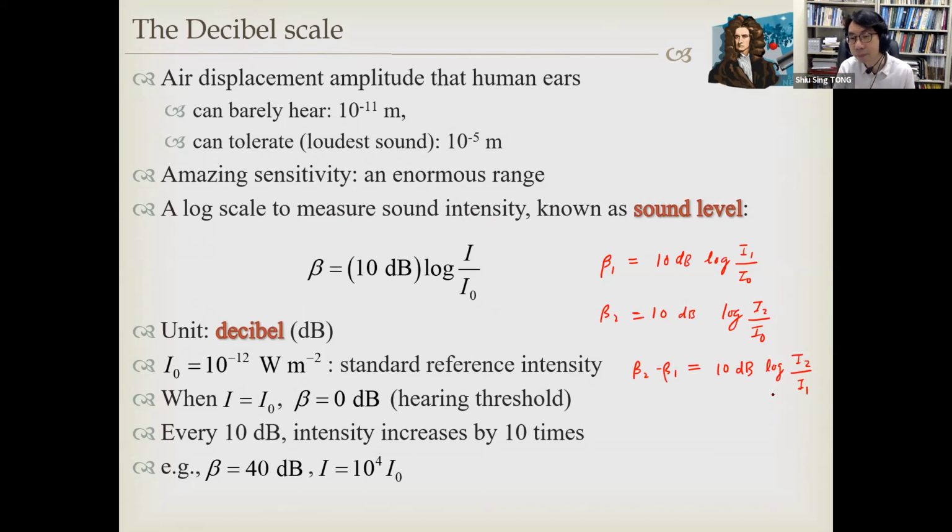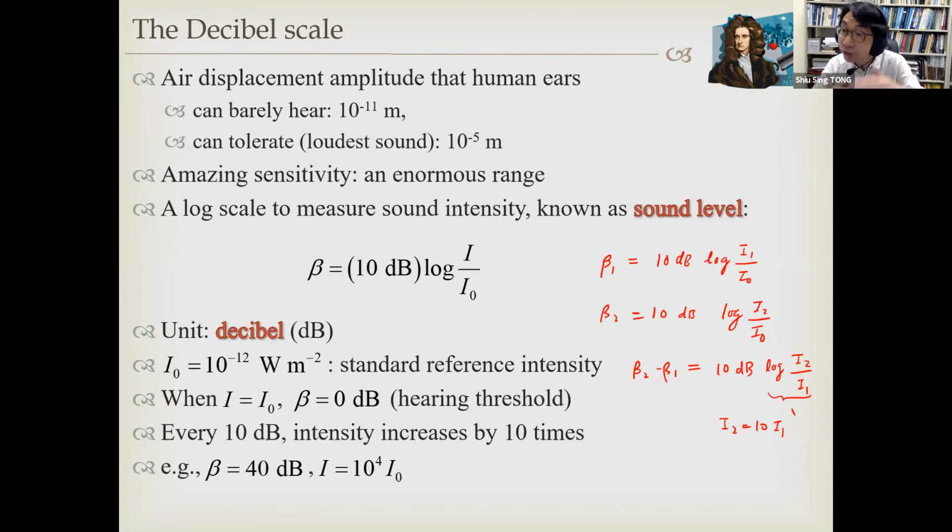So if, for example, I2 is equal to 10 times I1, then this factor is equal to 1 because log 10 is 1. So the difference is equal to 10 decibel. That means 10 decibel corresponds to an intensity increase by 10 times.